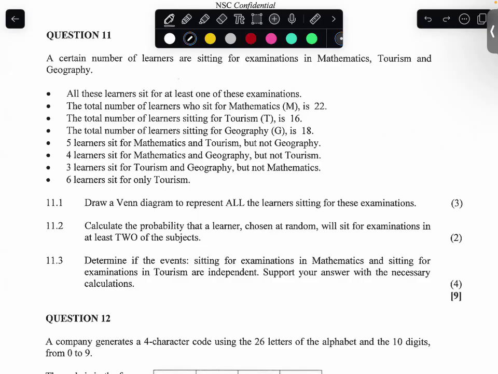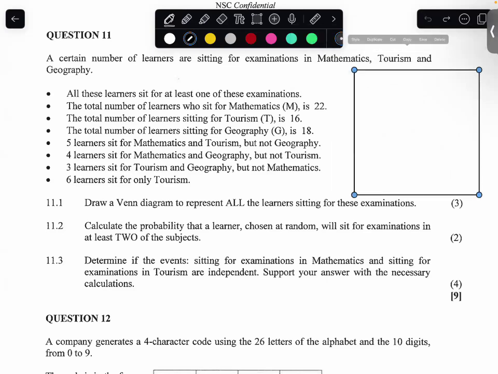Total number of learners who sit for mathematics. Okay, they give us all of that information. 11.1, draw a Venn diagram to represent all the information. Okay, let's do that quickly.